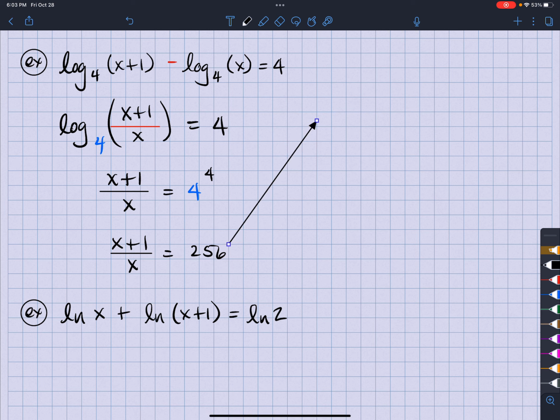I'm going to multiply both sides by x. So I'm going to have x plus 1 is equal to 256x. So 1 is going to equal 255x. So x is going to equal 1 over 255.